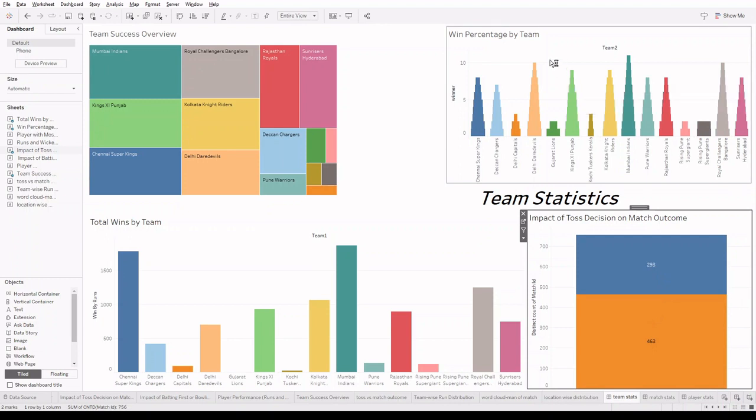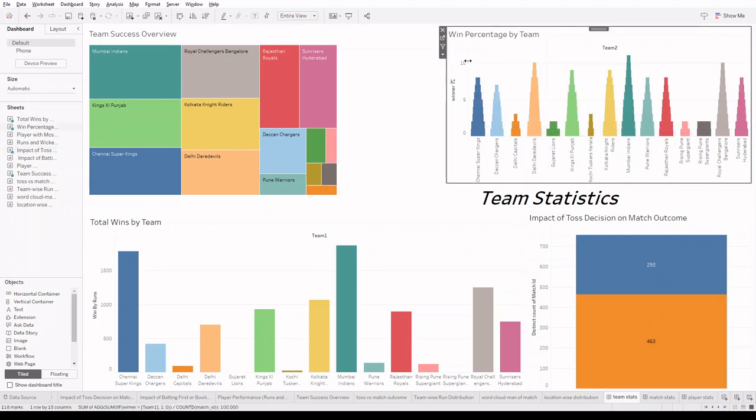Coming to the topmost chart, it's the win percentage of each team against another team. Like I told you with team one, here we are taking different combinations of team with team two.